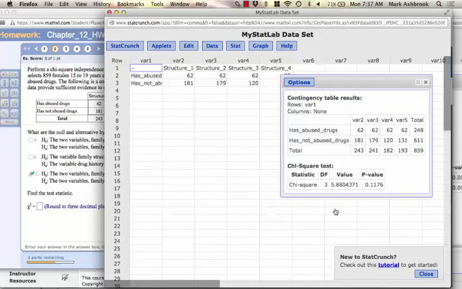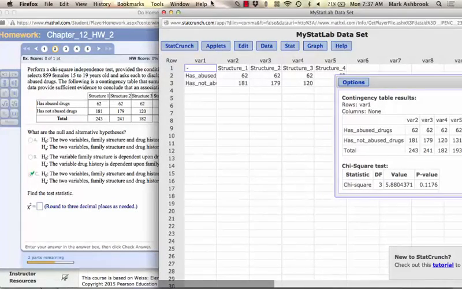Okay, so we get a statistic of 5.88 with 3 degrees of freedom, because it's going to be 2 minus 1 times 4 minus 1, which would be 1 times 3, so degrees of freedom is 3. They want us to round to 3 decimal places. 5.880 is what I got.